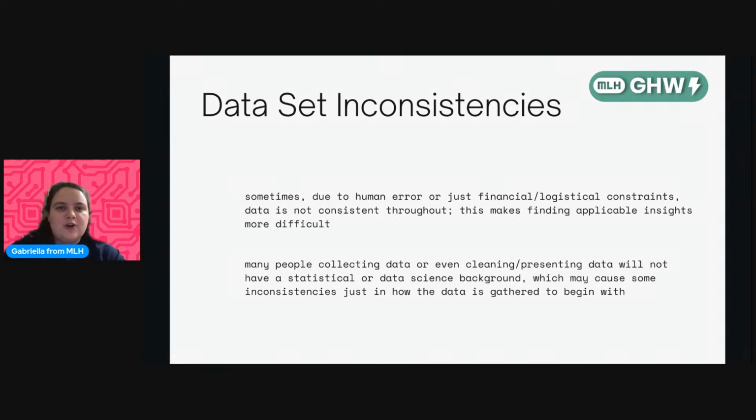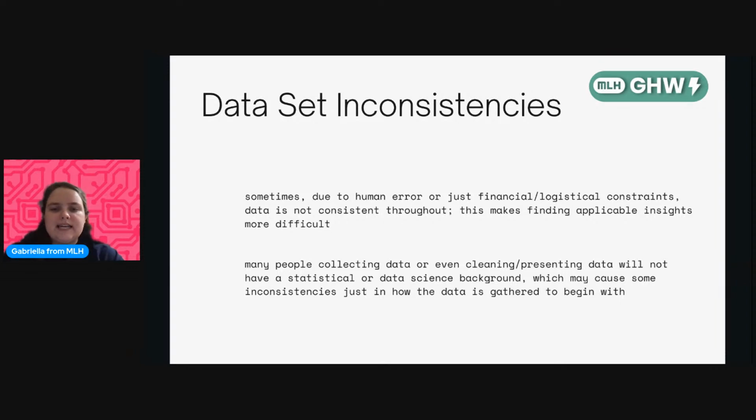Maybe someone just clicked the wrong button when they were filling out a survey, or someone accidentally deleted a cell in Excel. But other times it's more financial and logistical constraints, like the grant funding got cut, or they just ran out of time before the end of a program or the data collection period. And that can often lead to inconsistencies or just the data not being the same quality or type throughout the entire set.